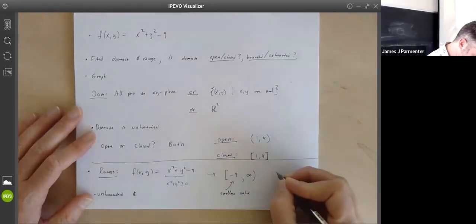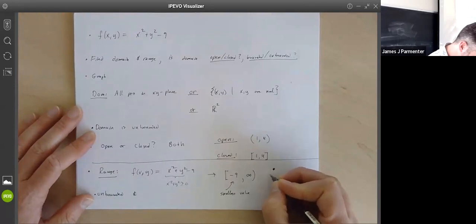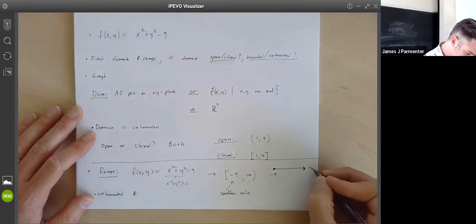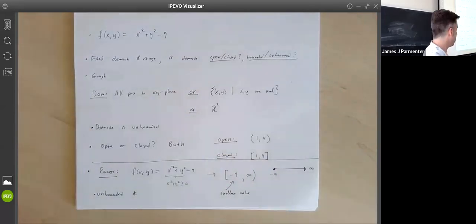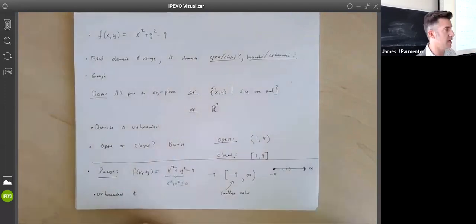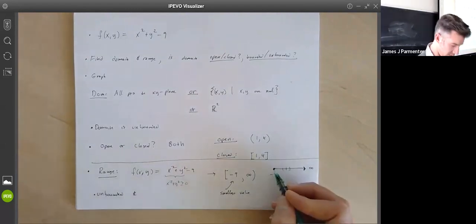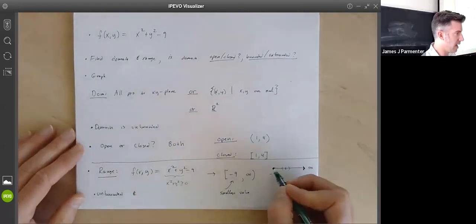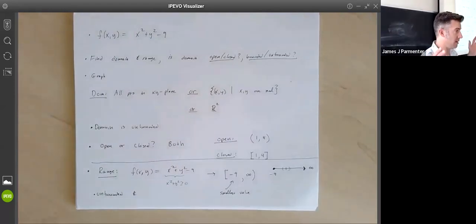So if I draw, say, from -9 to infinity, to be open, any point you pick, you have to be able to make a little interval around it that's still in your interval. That's not true in this particular example. I know I'm repeating myself, but I feel like this is something that takes a little while to grasp. If I pick -9, I don't get a little interval around -9 on either side that's still contained in the set. So it definitely can't be open.